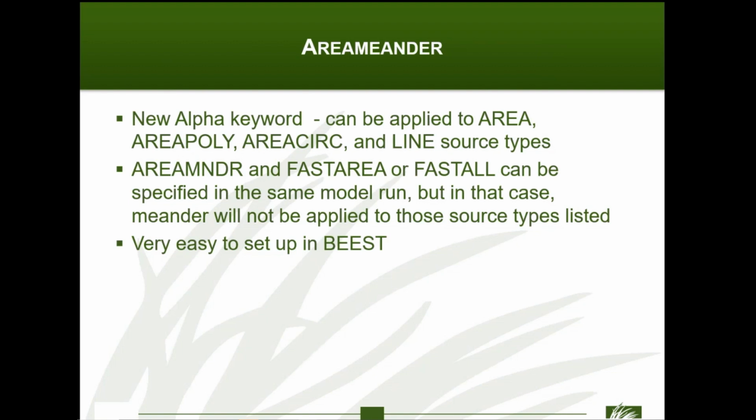This area meander keyword and the existing fast area or fast all can be specified in the same model run, but in that case, meander will not be applied to those source types that are listed. And to invoke area meander, it's very easy to set up within BEST.